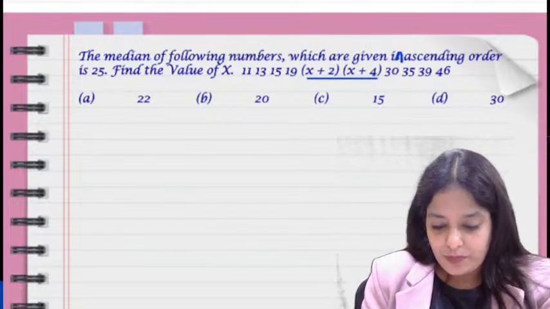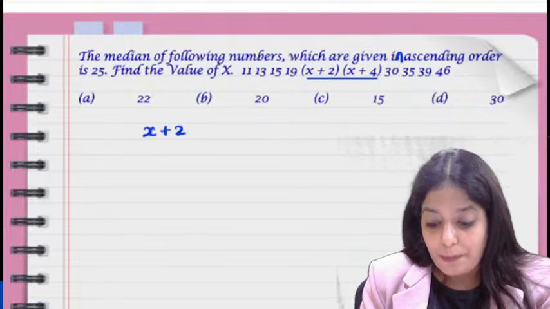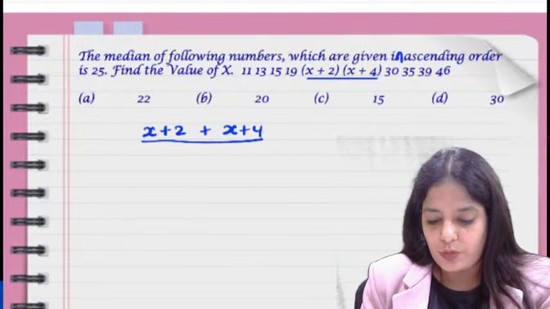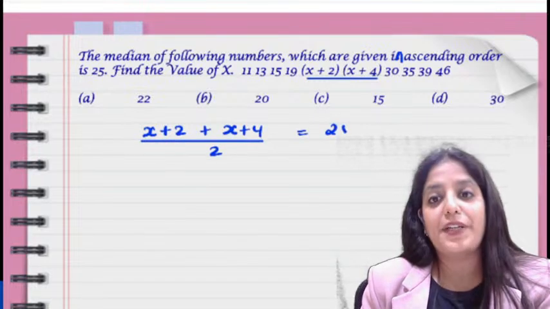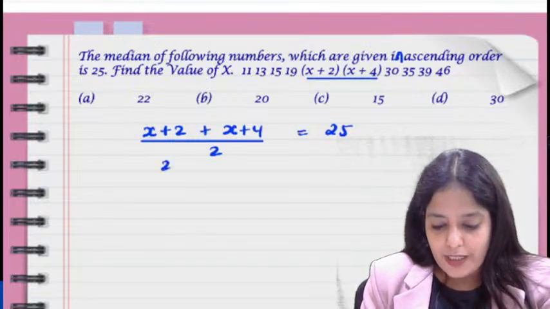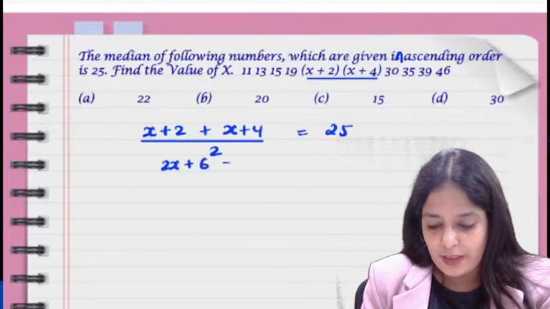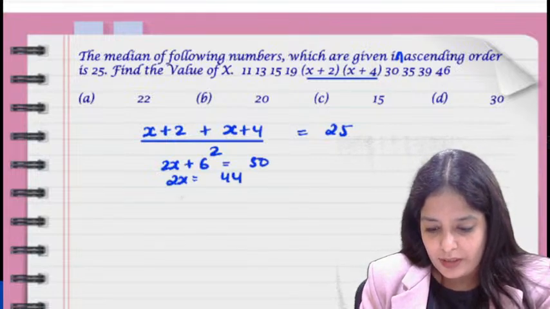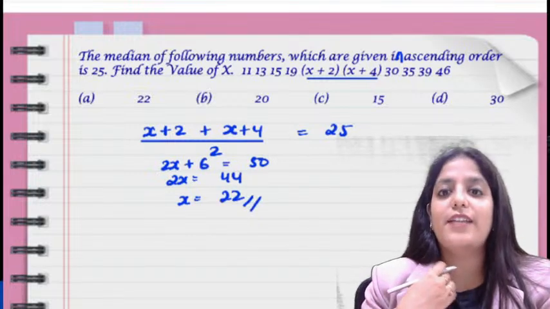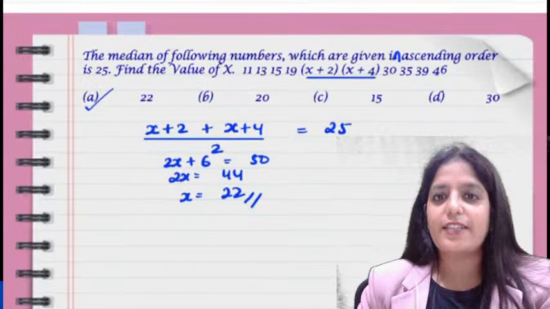So (x plus 2 plus x plus 4) divided by 2 is equal to what? 25. As simple as that. So 2x plus 6 is equal to 50. 2x is equal to how much? 44. And x is equal to how much? 22. That's option A.